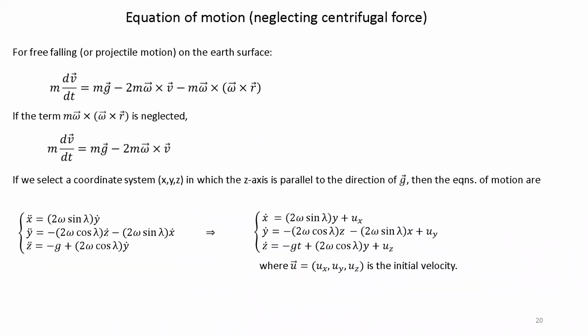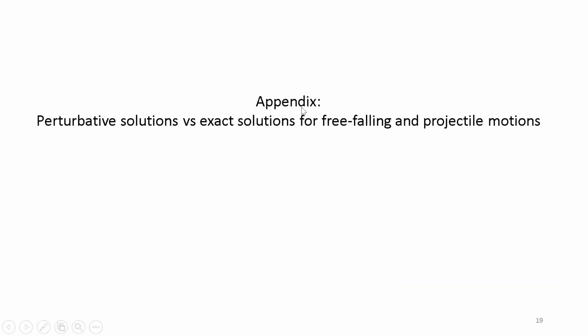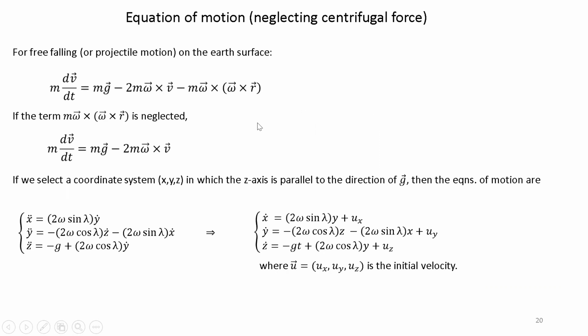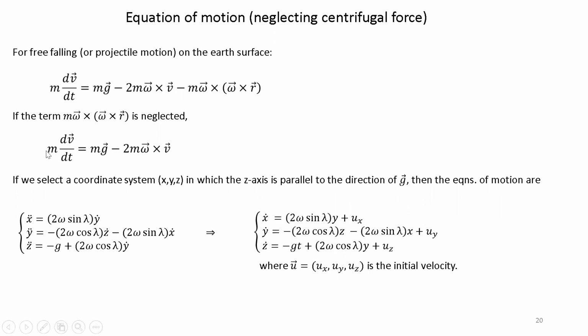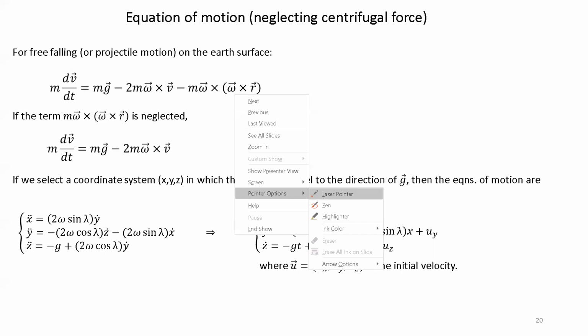So actually, let me do a more systematic description here. It's in the appendix of the lecture notes. What we just did is that we start with this equation. As I said, I dropped this omega cross omega cross r term.